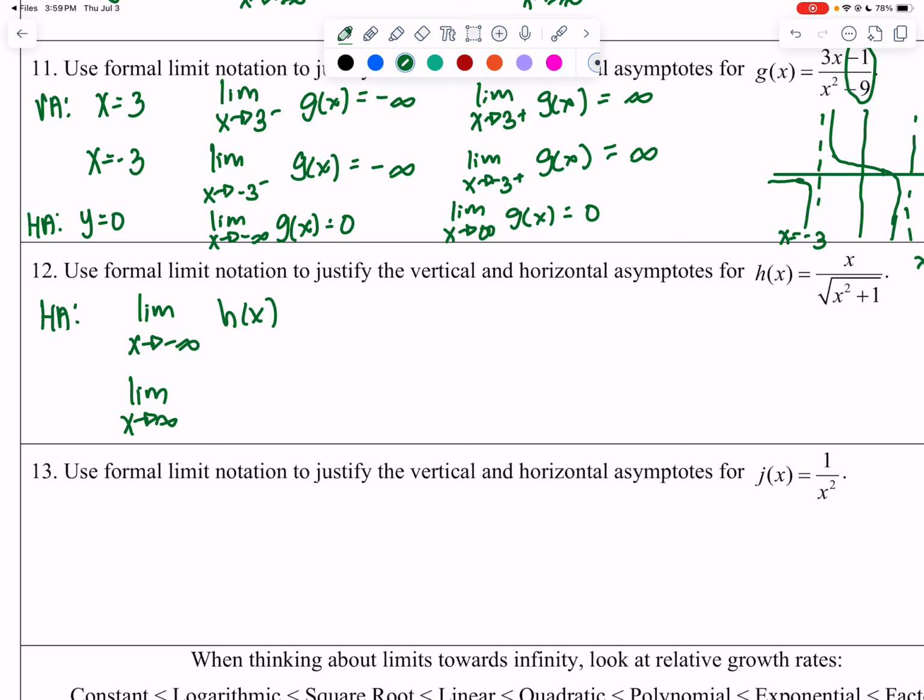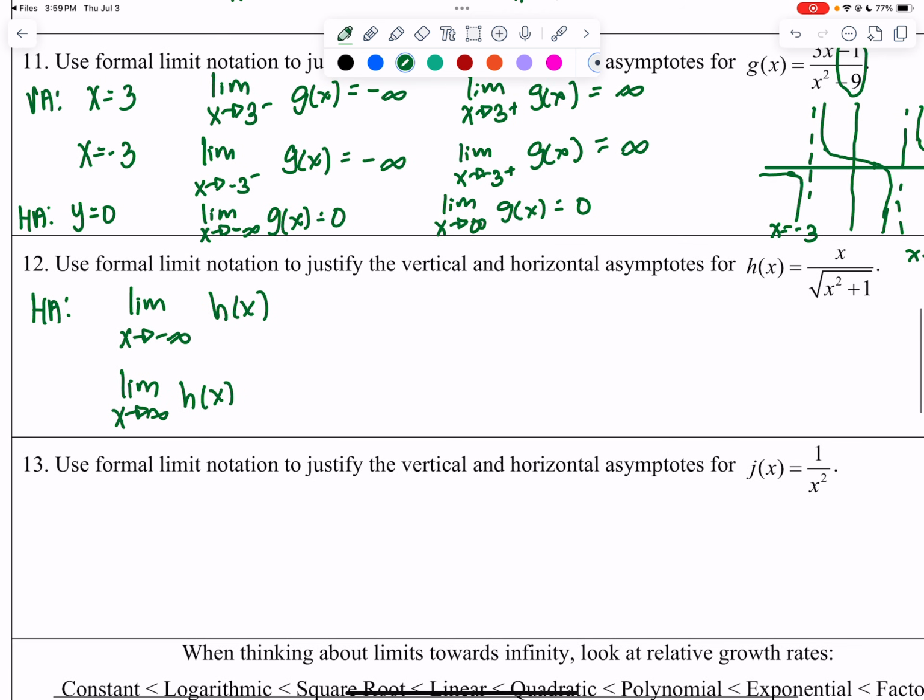Because you'll realize that if I were to evaluate negative infinity, this tells me that I'm going to have a negative number over a positive number, because no matter what, this needs to be positive. So this tells me that this is going to be a negative number. Same thing here. If I were to do a positive infinity over a positive infinity, so a positive number over a positive number, this is going to be a positive number right here.